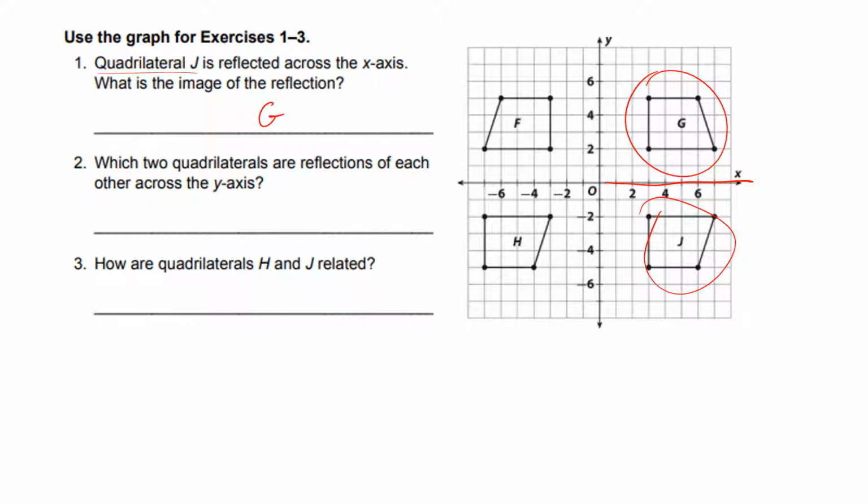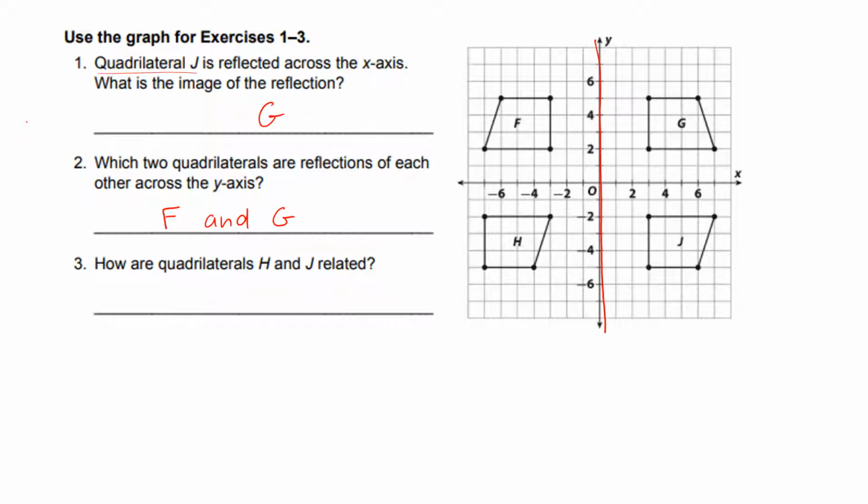Which two quadrilaterals are reflections of each other on the y-axis? Let me erase all this stuff here, and draw the y-axis right here. Okay, better. Which two quadrilaterals are reflections of each other? I guess I would go F, comma G. Those are reflections. F and G. H and J are not reflections of each other.